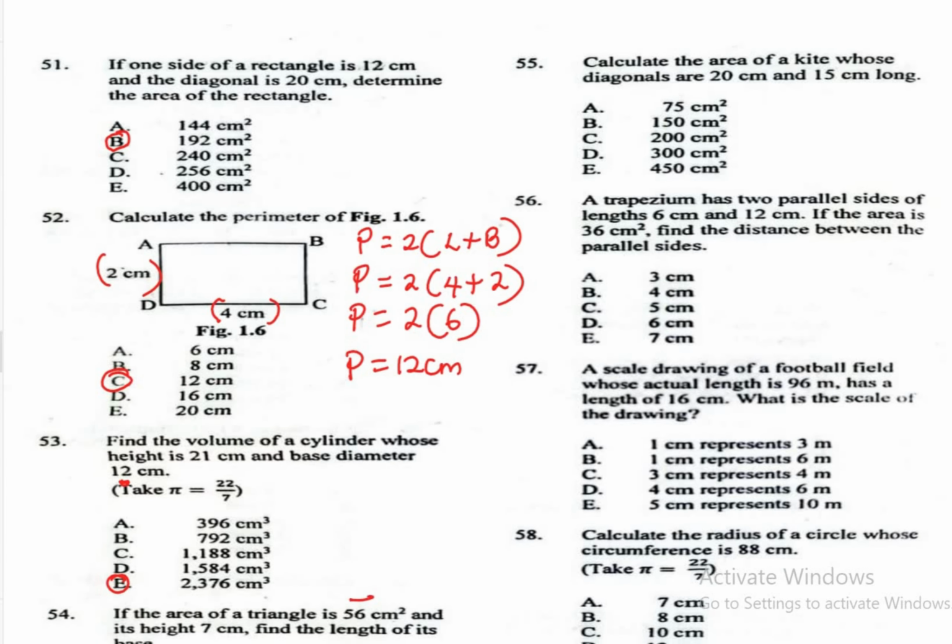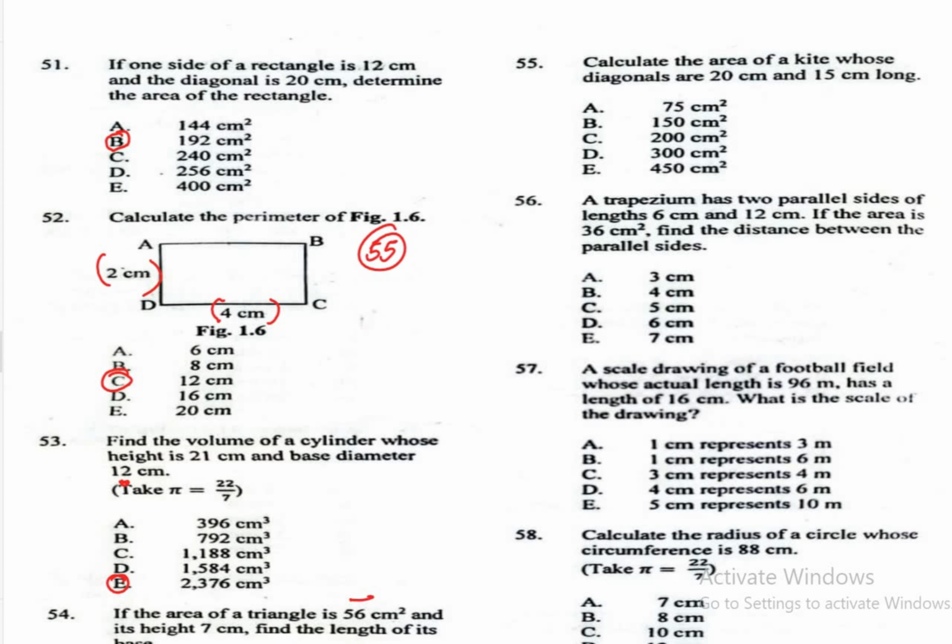Question 55. Calculate the area of a kite whose diagonals are 20 centimeters and 15 centimeters long. The formula for calculating area of a kite is simply 1 over 2 times d1 times d2, diagonal 1 times diagonal 2.